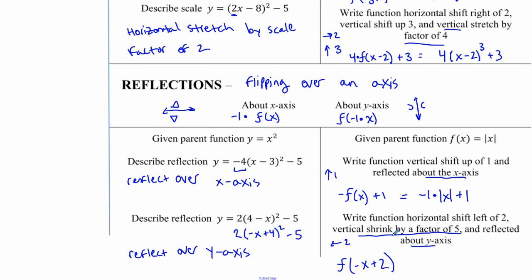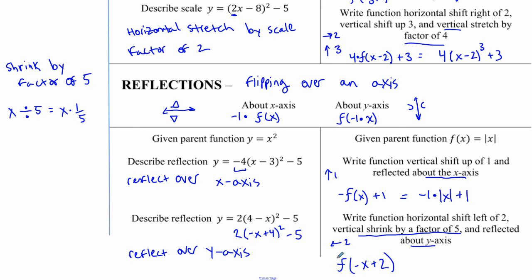And let's think about a vertical shrink by a factor of 5. So if we're shrinking by a factor of 5, think of shrinking as dividing. That's like dividing by 5, right? Dividing something by 5 is the same as multiplying something by 1/5.